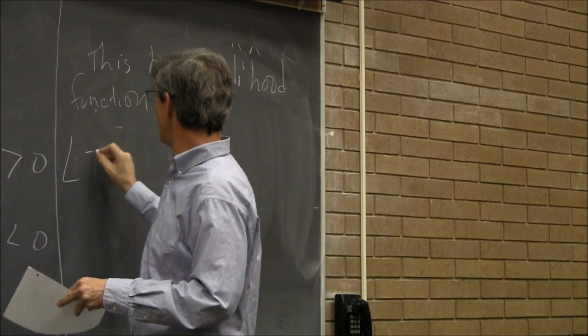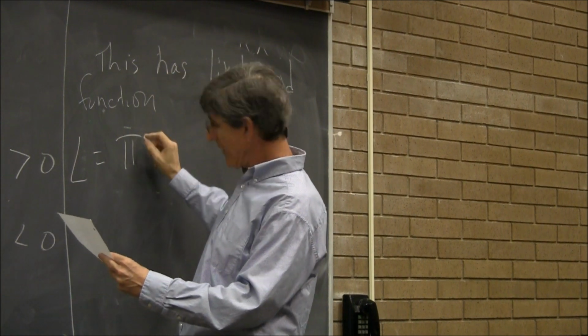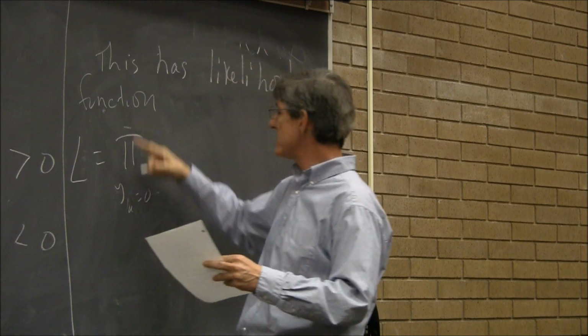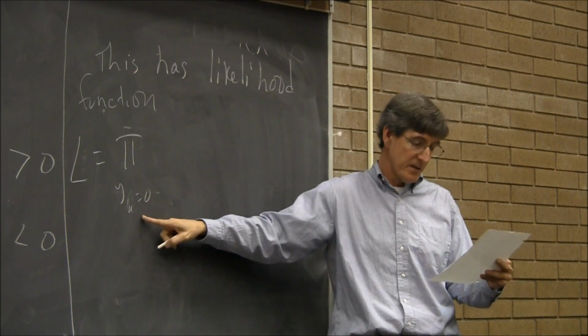The actual likelihood function is the product over all the observations where y_i equals 0.